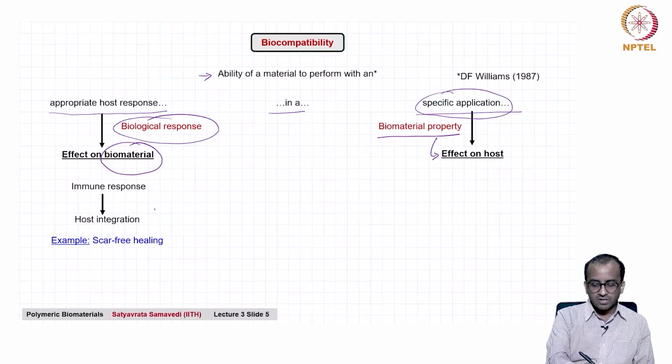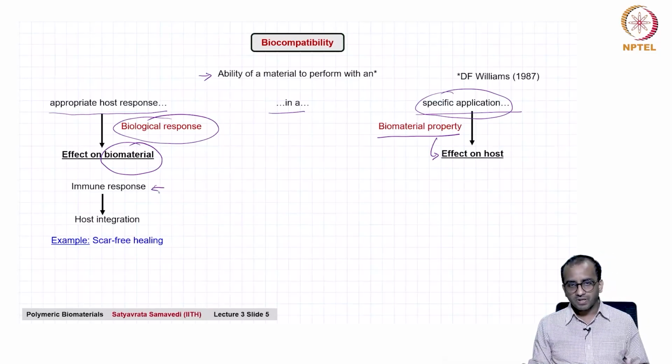So, here you can now have, under a biological response, one example of that is immune response, right. Ideally, when you implant a biomaterial, you want the body to mount an immune response and integrate it with time. Right? If the body does not recognize it at all, that's problematic.